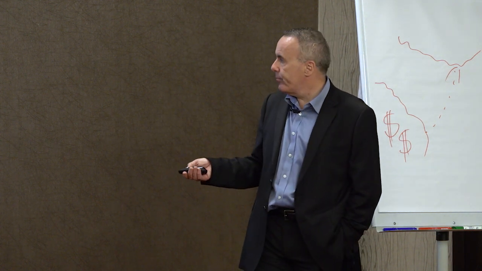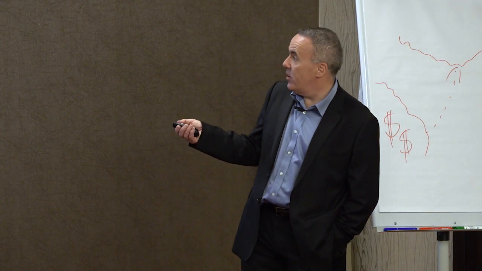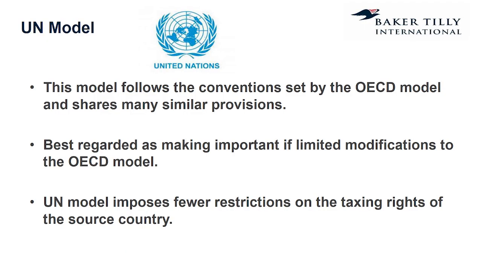Yeah? Like I say, the UN model treaty works the other way around. It imposes fewer restrictions on the taxing rights of the source country, and it imposes some restrictions on the taxing rights of the recipient country.